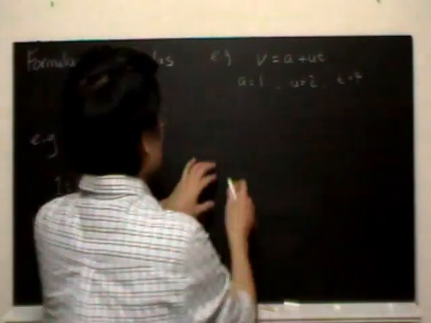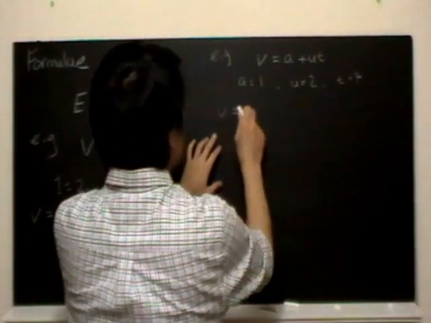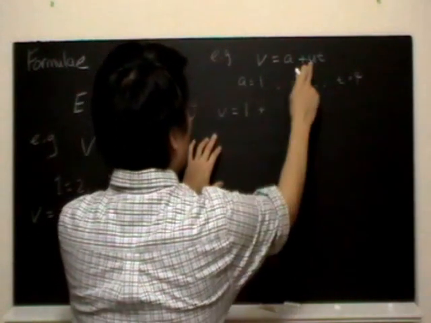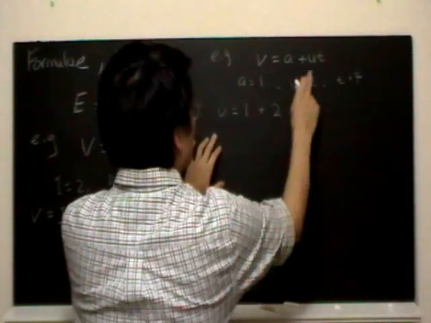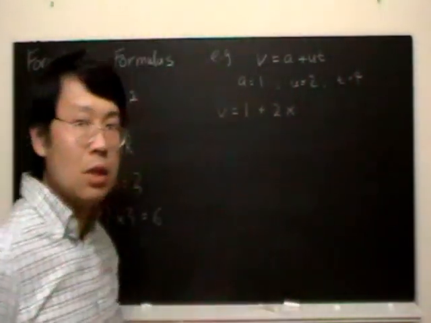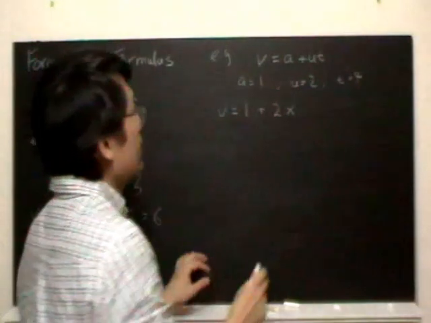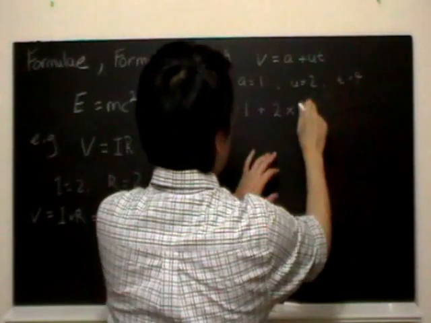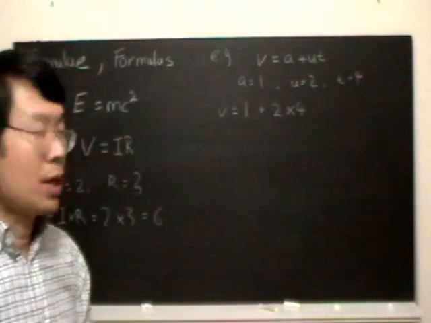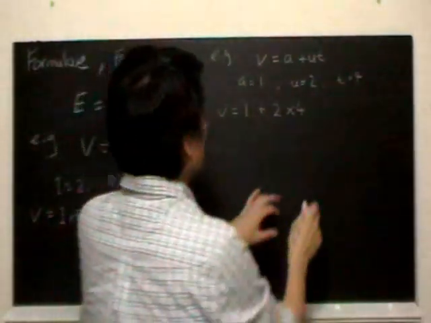So let's do that. V is equal to A is 1 plus U is 2. UT means U times T, so there is a times there. T is 4. So we have the numbers now and we can calculate.